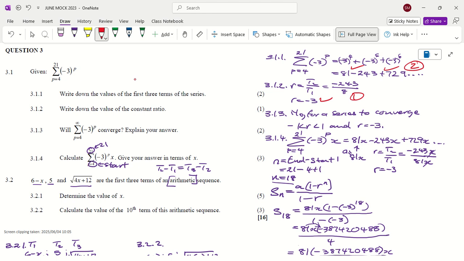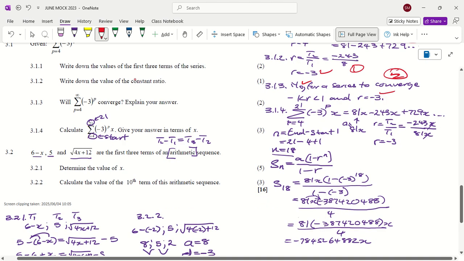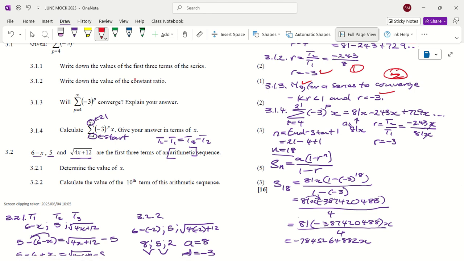Question 3 is for you to say whether the sequence converges, right? And you get a mark for no, and then you get a mark for your reason. That is 2 marks. Number 4, we had to do what? We had to calculate the sum of this sequence, right? But in terms of x.